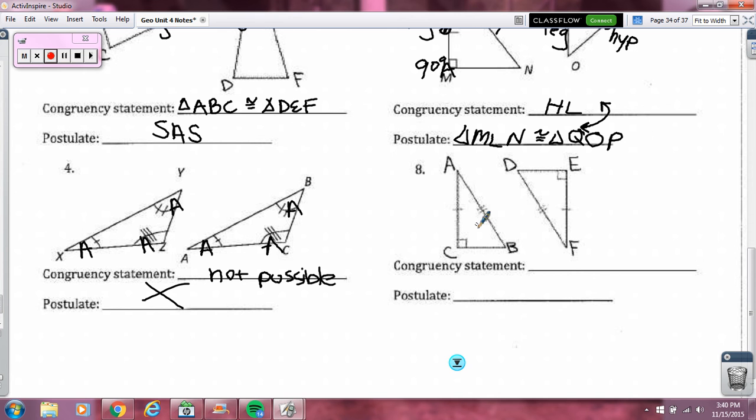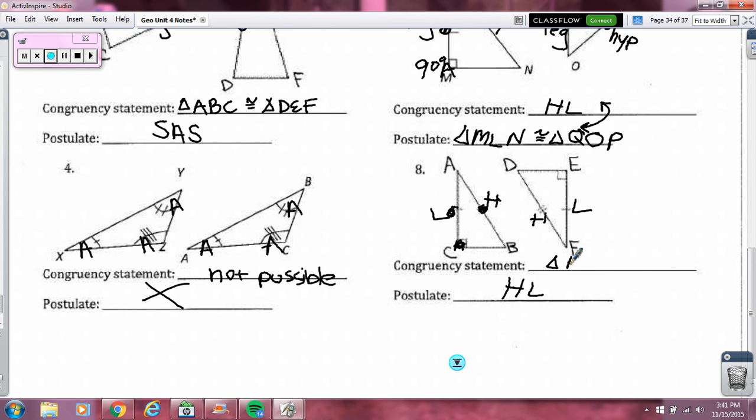And then on number 8, let's see, this is kind of same sort of deal. An angle, a side, and a side. That's not a theorem, but we're lucky we've got right triangles, so we actually have hypotenuse and a leg, hypotenuse and a leg for each of those two.